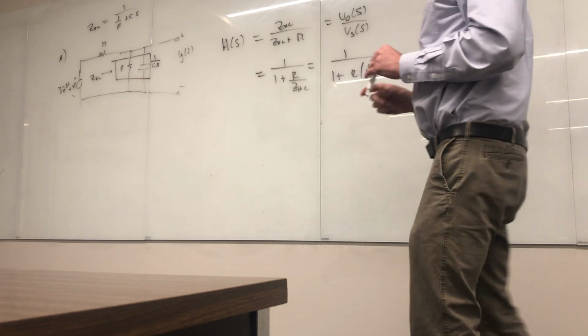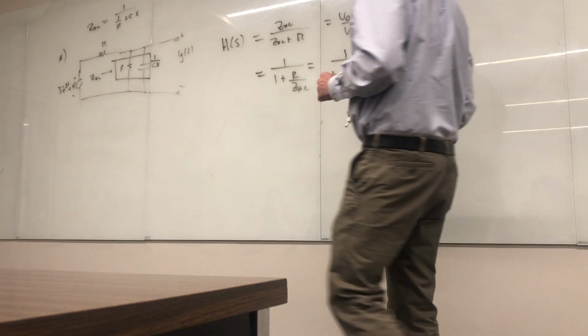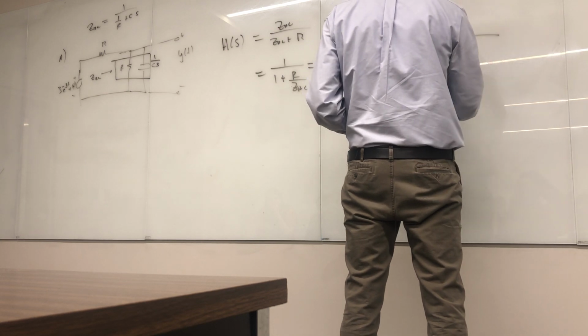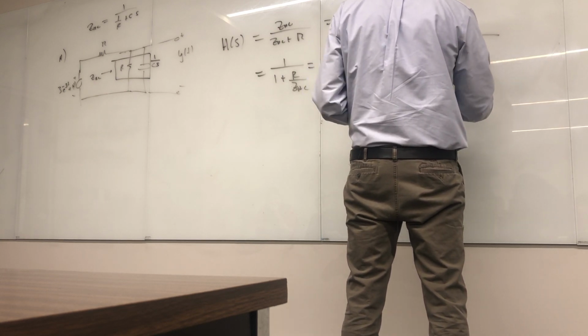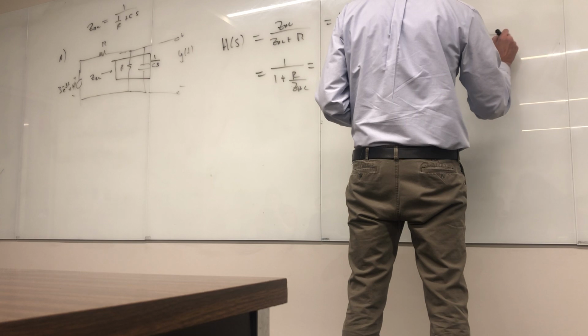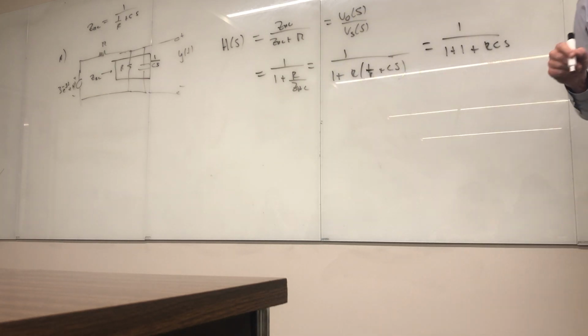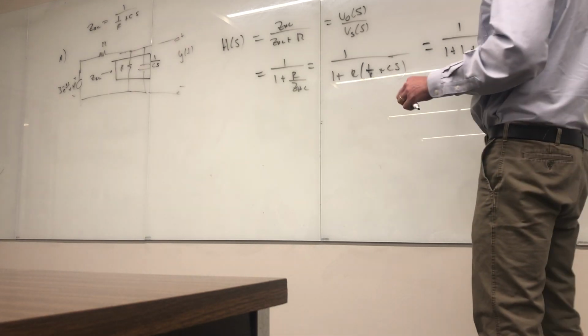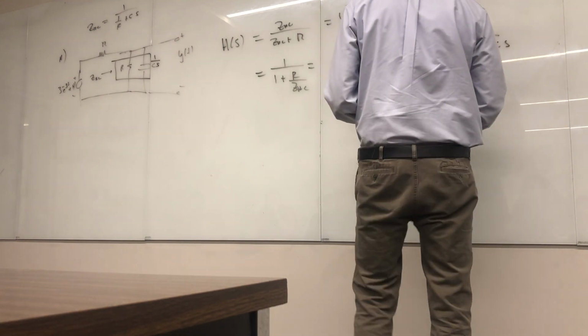Now, at that point, I'm going to multiply through by R, and I get 1 over 1 plus RCS. And I'm doing this on purpose slowly. Everybody got that? And then what I do is just replace this with 2.